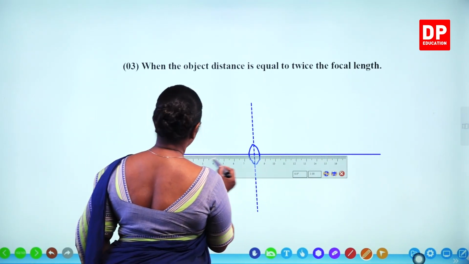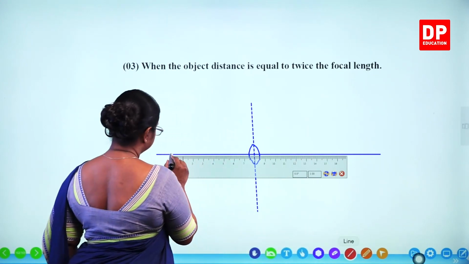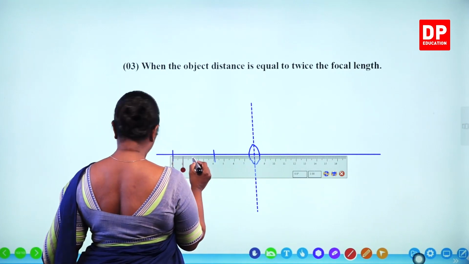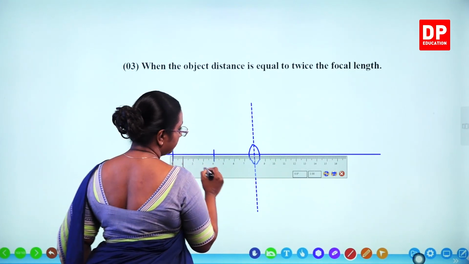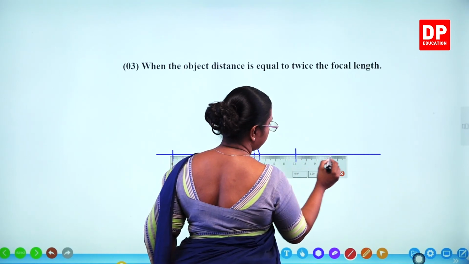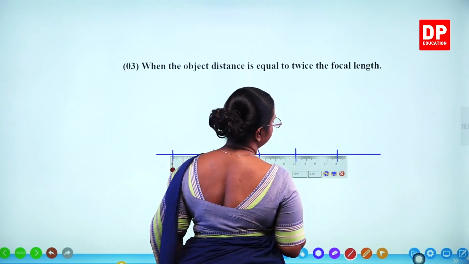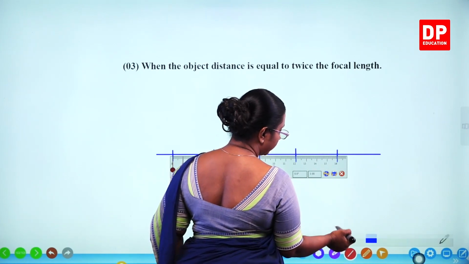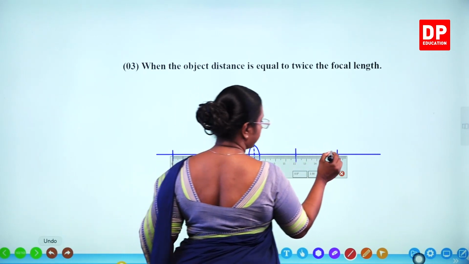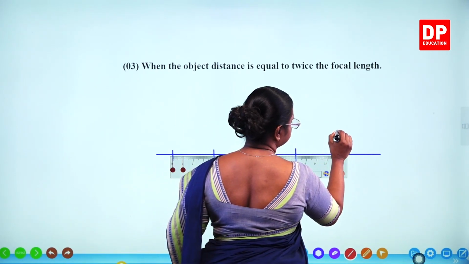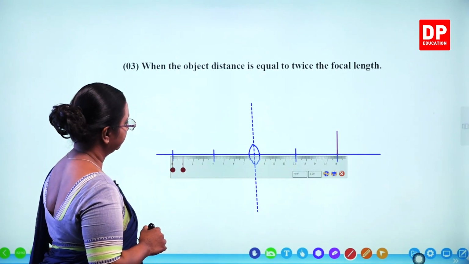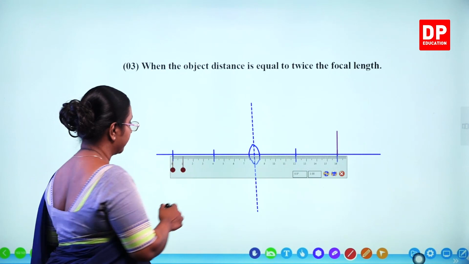So here we have 2F, F, again F and 2F, and the object is also on 2F. So here again we have to draw the ray diagram.